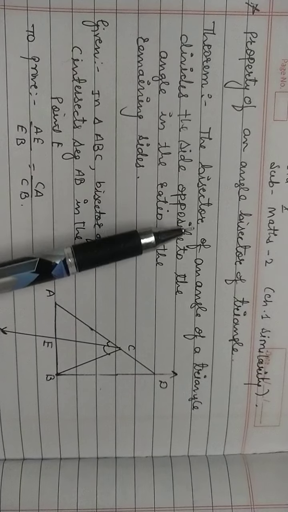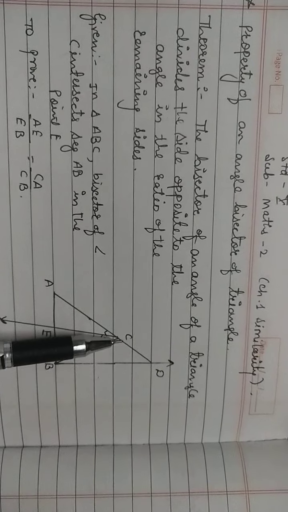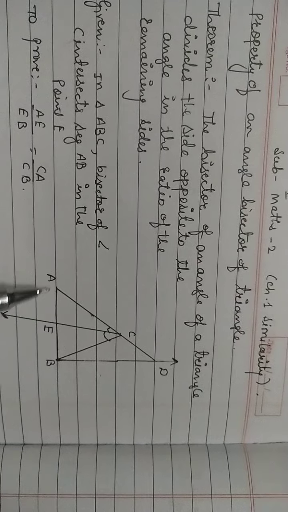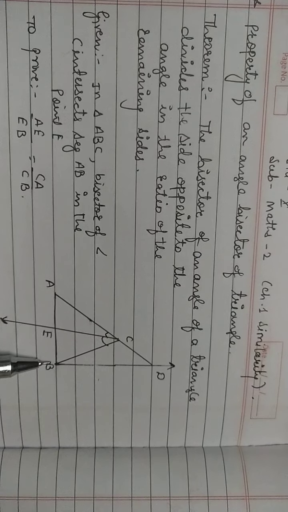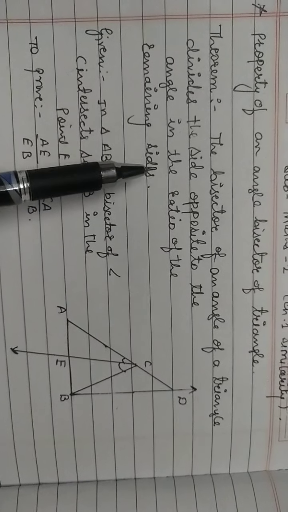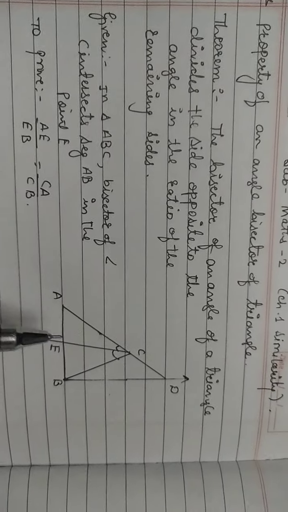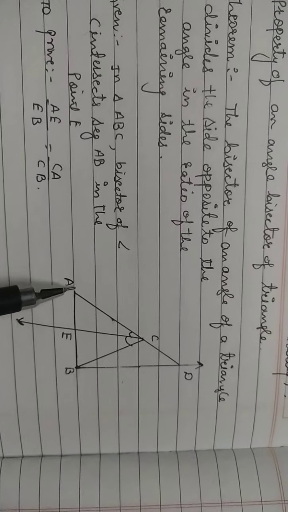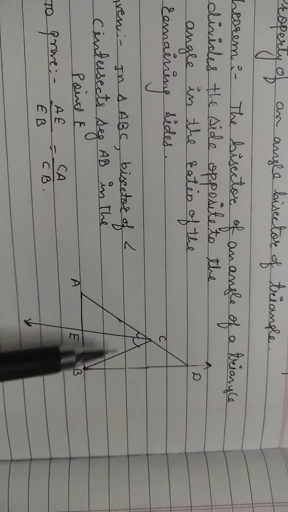The bisector of an angle of a triangle divides the side opposite the angle, which means this bisector CE divides its opposite side AB in the ratio of the remaining sides. AB is the opposite side of angle C, so the remaining sides are AC and CB.